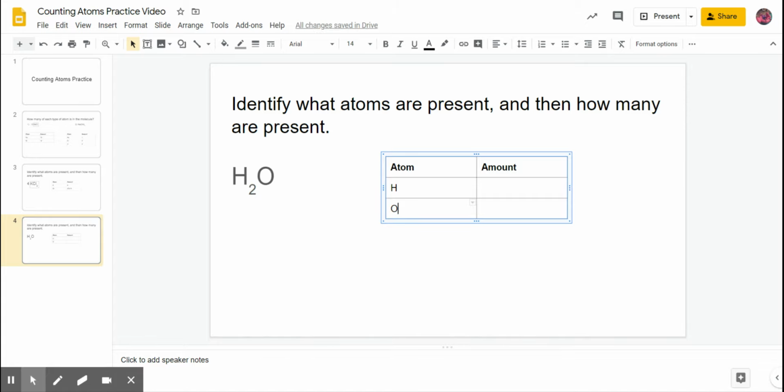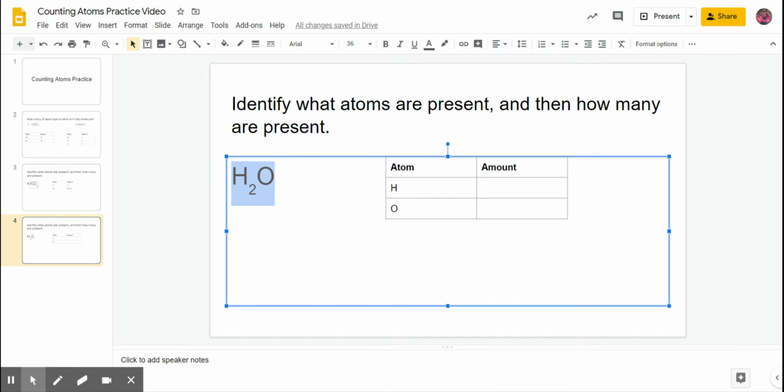Now for the amount, I see I have no coefficient, no big number in front. I only have a subscript. So what that tells me is I am just going to take the subscript into account. There's going to be no other multiplying to do.